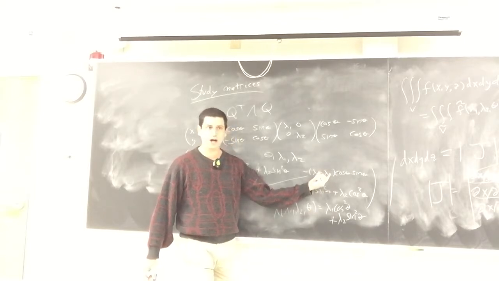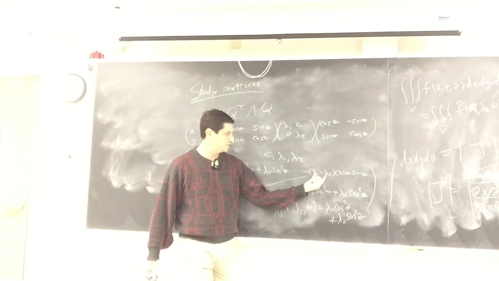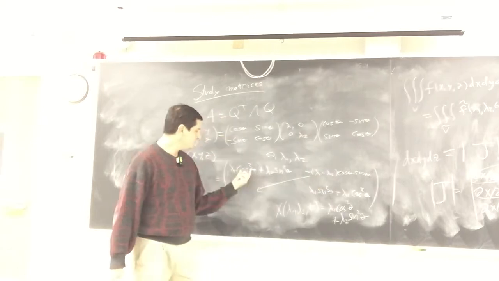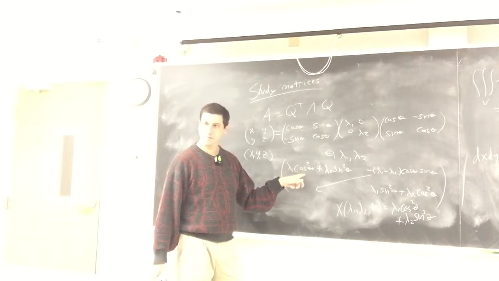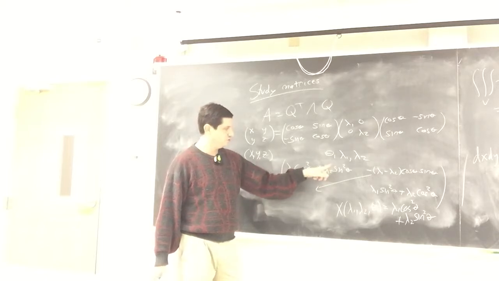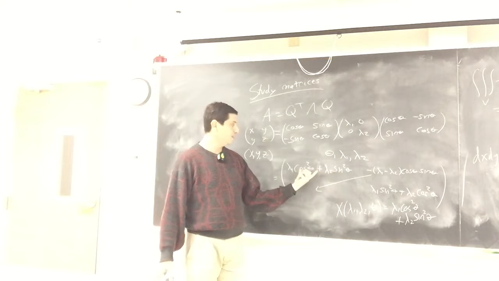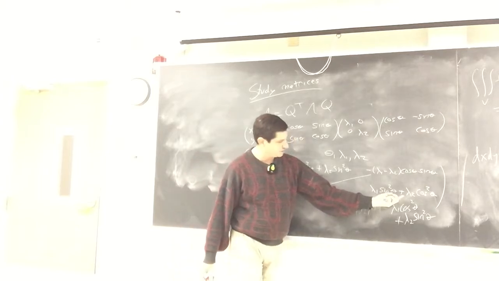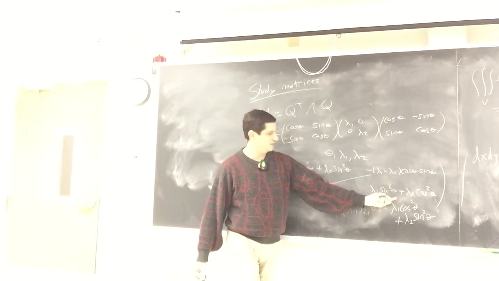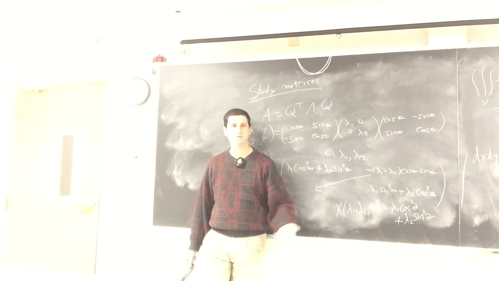When I take the derivative of y with respect to theta, I'm going to get something that involves lambda 1 minus lambda 2. When I take the derivative of this with respect to theta, I'll get 2 cosine theta minus sine theta. And here I'll get 2 sine theta cosine theta. I'm going to get lambda 1 minus lambda 2 times something in theta. And when I take the derivative of this with respect to theta, I'm also going to get a lambda 1 minus lambda 2 times something in theta.